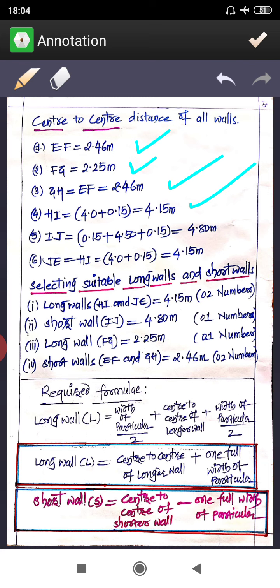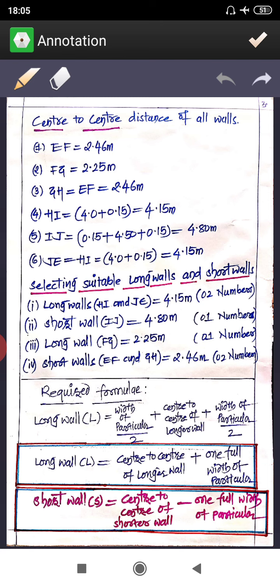IJ is equal to half of wall thickness from one side and half of wall thickness from the other side plus 4.50, so it is going to be 4.80. Then you will be having JE, the same length as HI, equals 4 plus 0.15, that is 4.15.